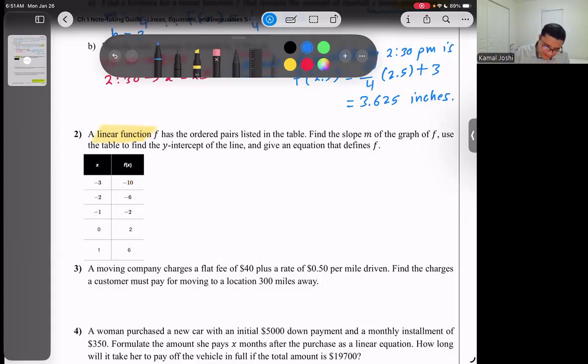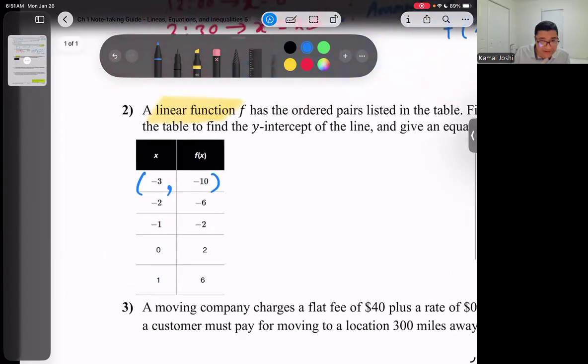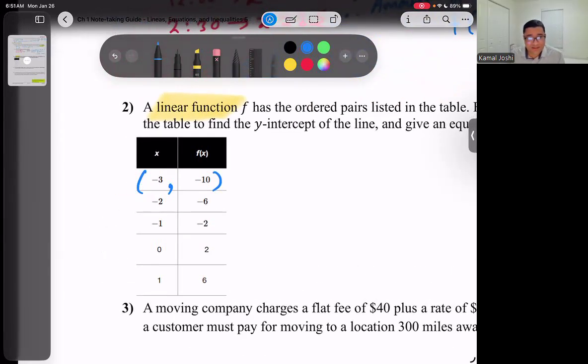Okay, so firstly, when I say the table gives you points on the line, I mean this. If you want to zoom in, that -3 comma -10 will be a point on that line. Suppose I call that x1, y1, right?